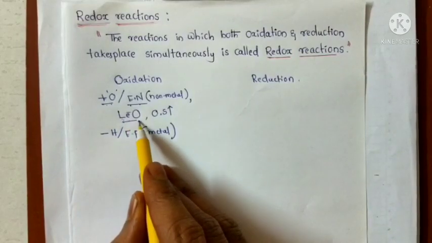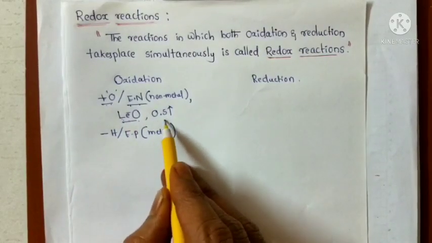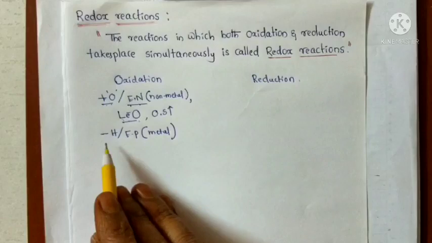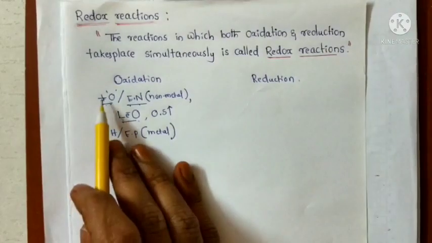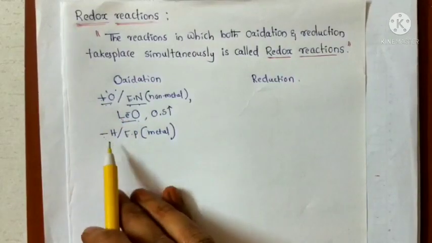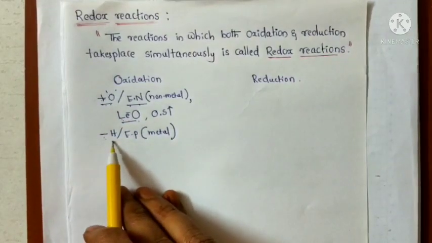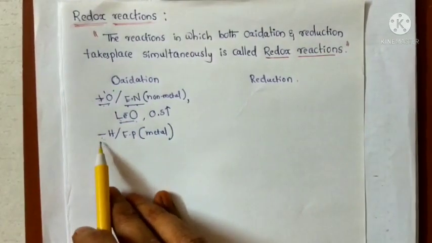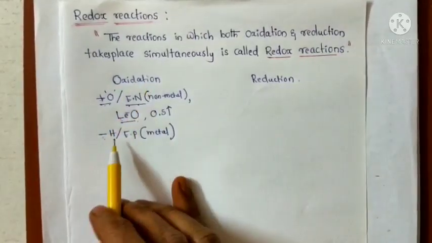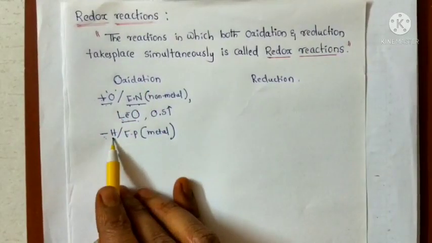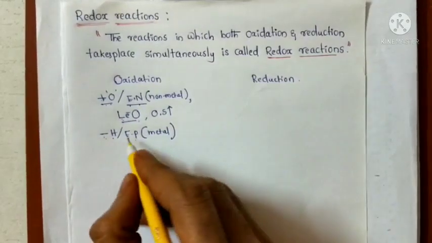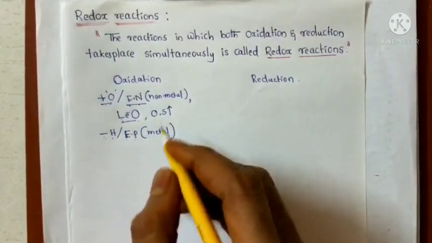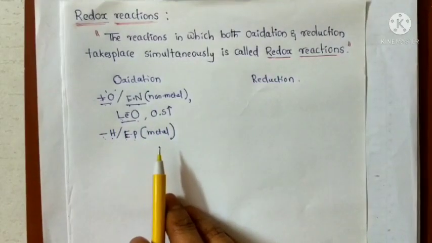Loss of electrons is called oxidation, or the oxidation state increases. Next, removal of, so this symbol is not minus or plus, just plus means addition, minus means removal. For our convenience we use the plus or minus sign. And removal of hydrogen or removal of an electropositive element, which is a metal, is also an oxidation reaction.